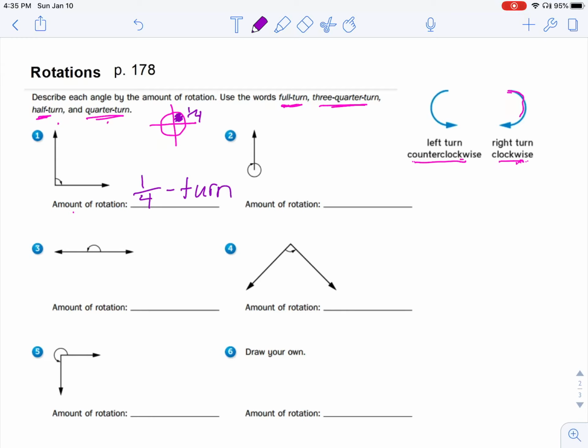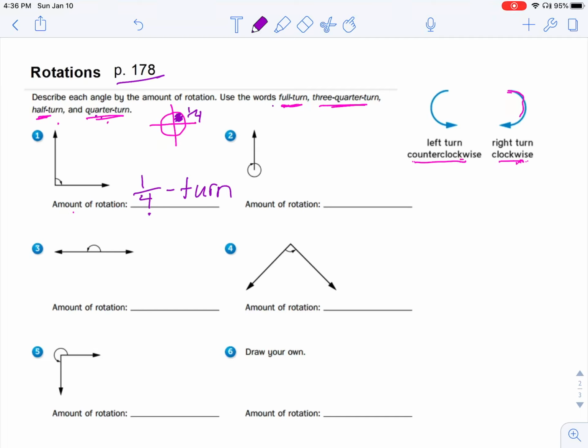And this is actually on page 178 in your math journal if you want to pause and get your math journal and follow along. And you know what, I should write out quarter turn because it said that in the directions. So always carefully RTD, but this time if you're listening carefully to directions in this video, I'm going to give you permission to write it in a fraction form. Save us a little time.